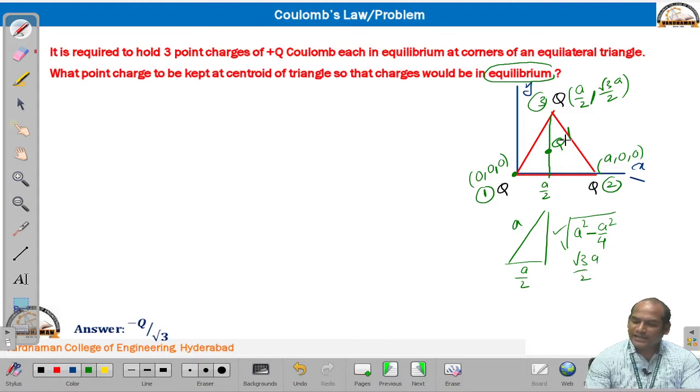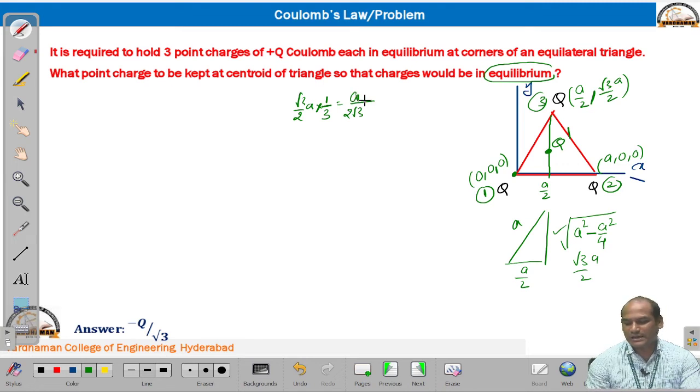So, for the equilateral triangle there is a rule, that is the centroid is here, centroid is actually dividing this particular line in the ratio of 2:1. Okay. So, here what we will get is, 1 by 3 we have to multiply with this root 3 by 2 a. So, we will get a by 2 root 3.